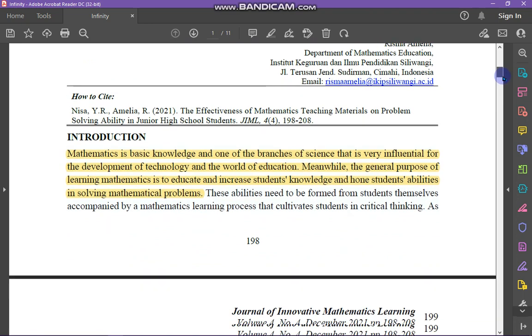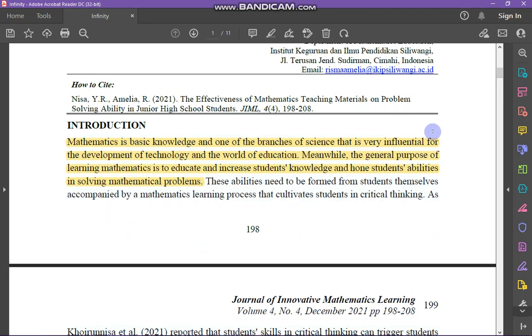And then the introduction, the next part of the structure of a scientific paper. The introduction explains background information on the problem investigated, also with expert opinion. In this part, it explains the reason for the author's research.